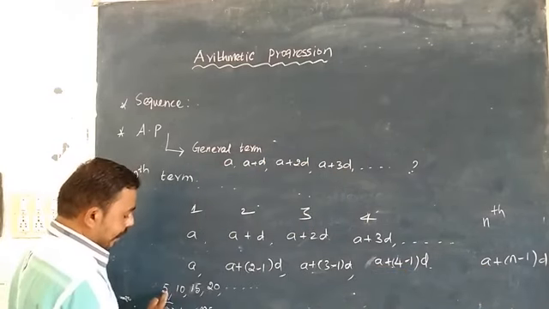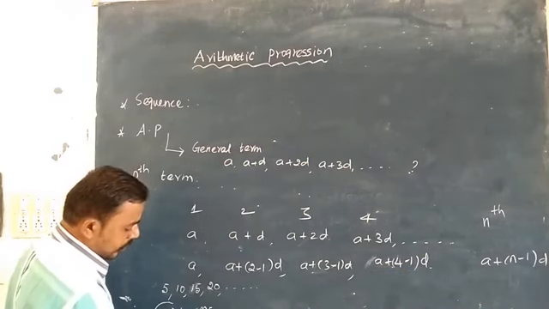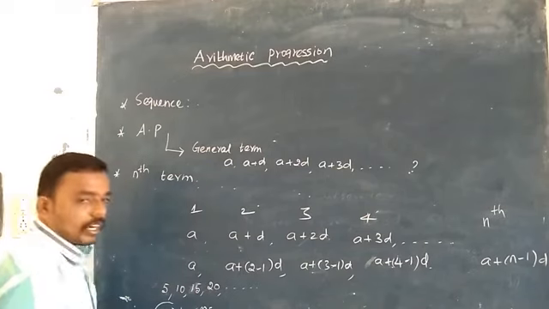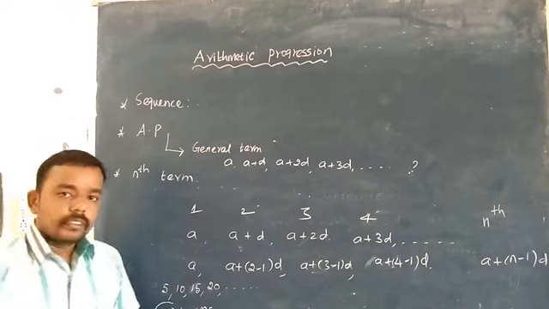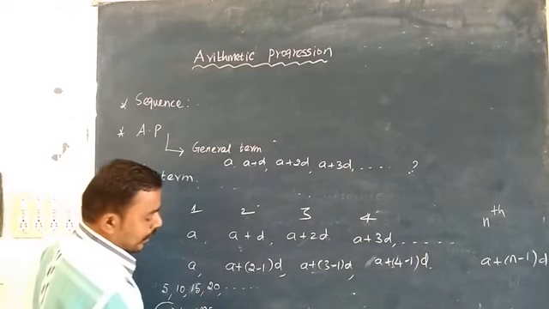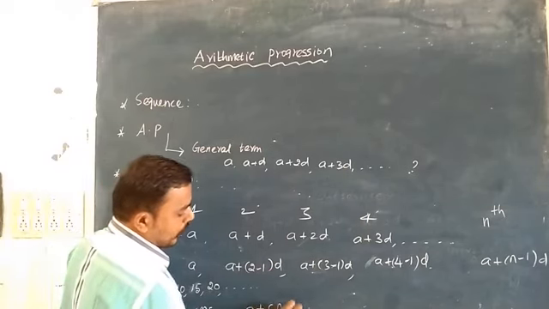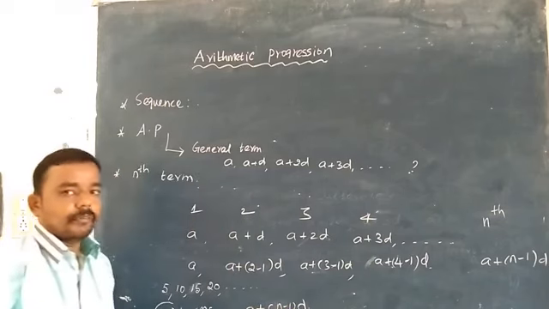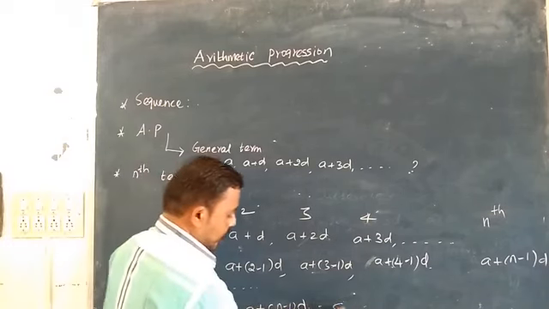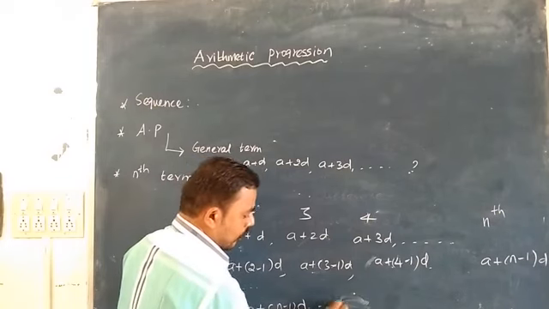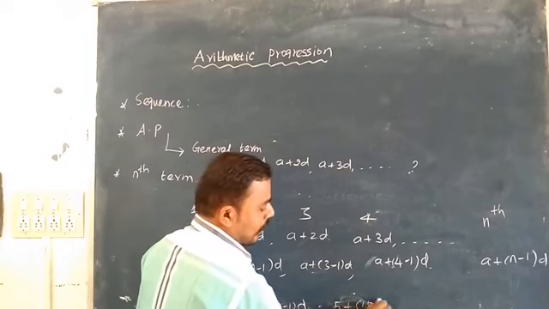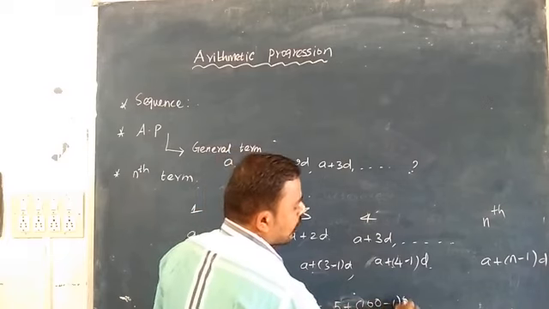So A value is 5 and D, the common difference, is 10 minus 5, that is 5. So nth term is A plus (n minus 1) into D. The 100th term equals A, which is 5, plus (100 minus 1), and the common difference is also 5.